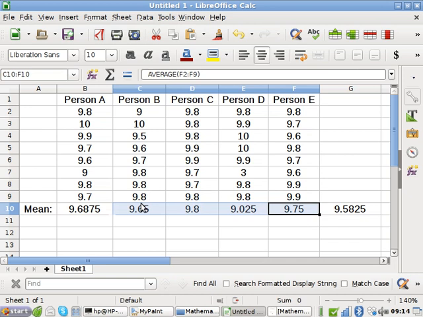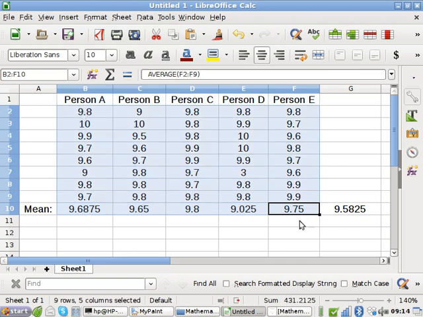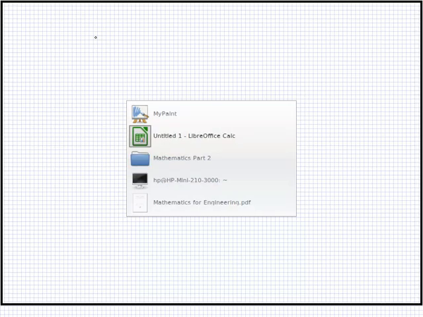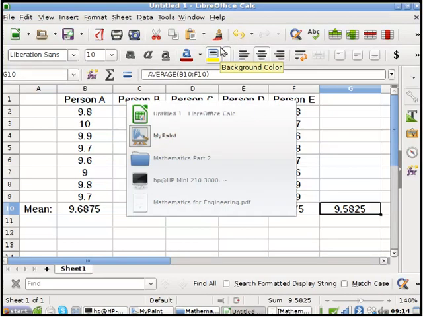It averages the 5 people, and the 5 people were averaged from their data. So in some sense, this is our best estimate of the true value, this 9.5875. So we could estimate G as being around about this. So you could say G is roughly 9.5825.